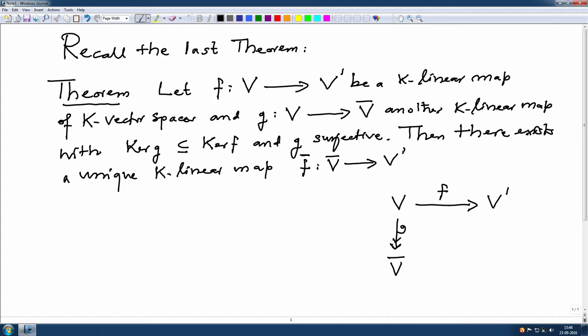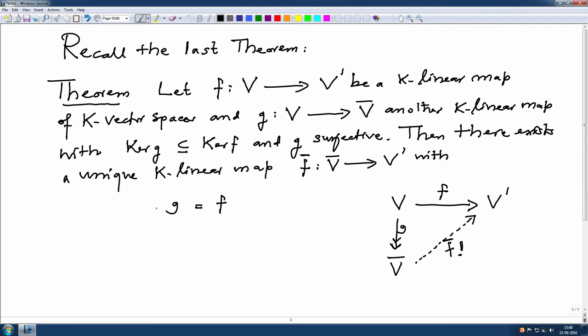So, in the diagram this dotted map exists, that is F bar we are denoting. Unique is usually denoted by this exclamation mark symbol. If I go from V to V prime by F, that is one way, or I can go first by G from V to V bar and then follow it by F bar, that should be the same.